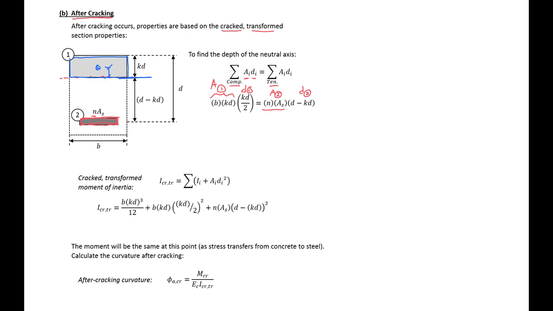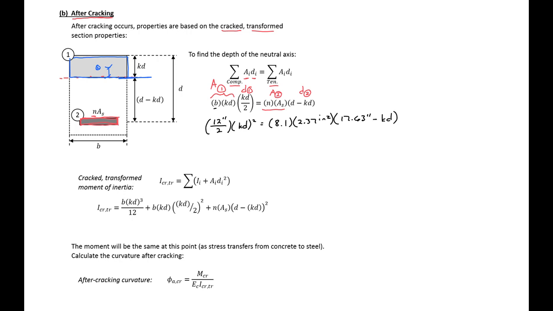We can plug in our different values here then, and we'll get b over 2, so 12 inches over 2 times kd squared is going to equal 8.1 times 2.37 times (d minus 1) minus kd.